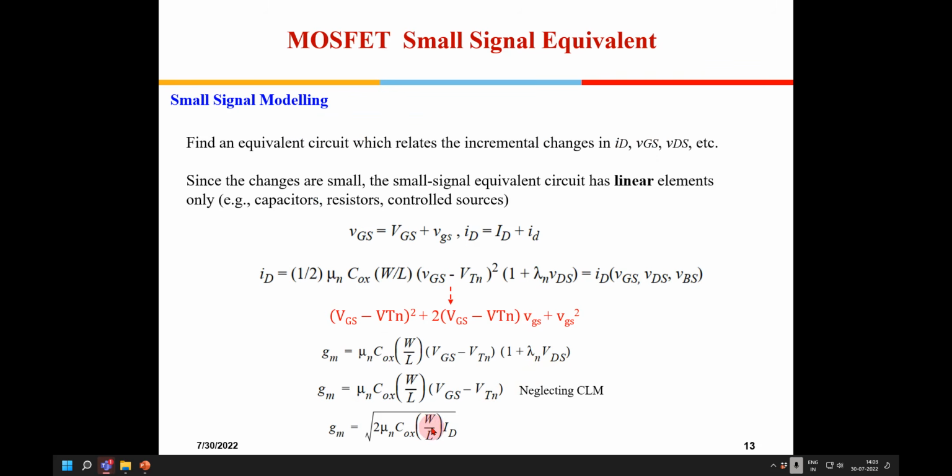If I increase the width, then my capacitance will increase, which will adversely affect my high frequency operations. So it will create problems for high frequencies.